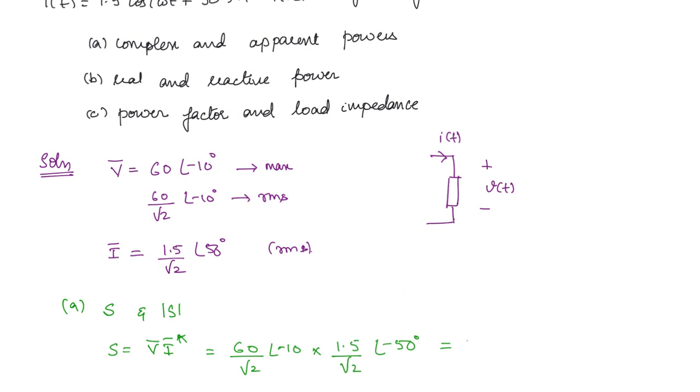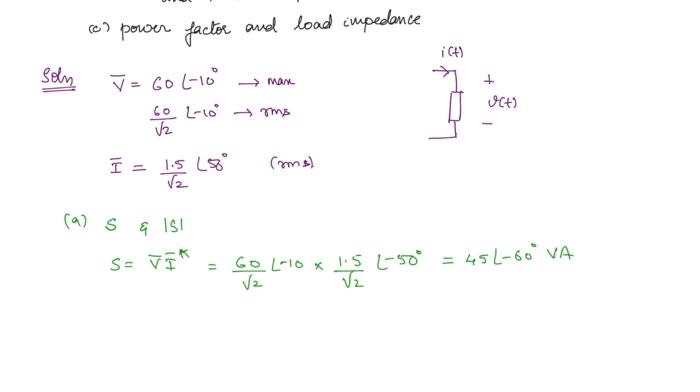This gives 45 angle −60 degrees. What is the unit here? Volt ampere. This is the complex power. Next is apparent power, which is just the magnitude of complex power, so |S| is equal to 45 volt ampere.